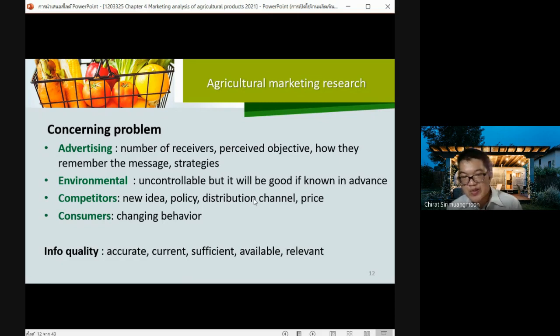You also need to be concerned about the competitors, because the competitors are the people you fight with directly. They might have a new idea and launch a product. So it is your job to monitor what they show, what news they are going to produce, what policies will be announced, and also what distribution channels they use.